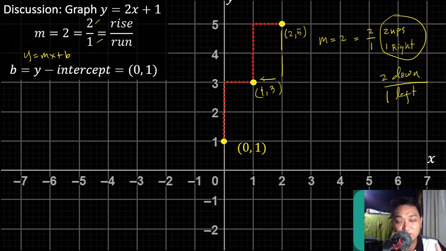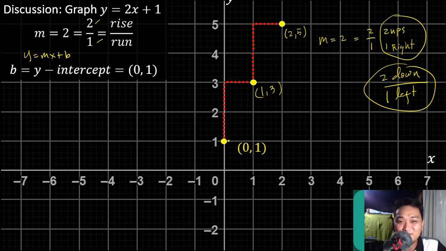We go back to (1, 3). That way, we are sure that our interpretation and the reversal of the method are correct. We can now use that method to find the points below. Again, 2 down, 1 left. 1, 2 down, and then 1 left. So it is here.